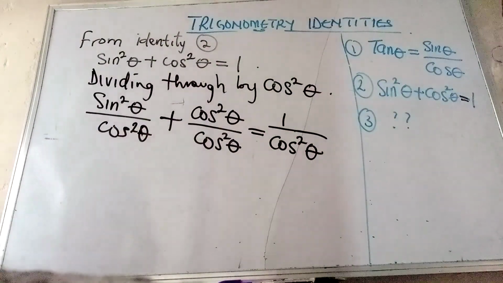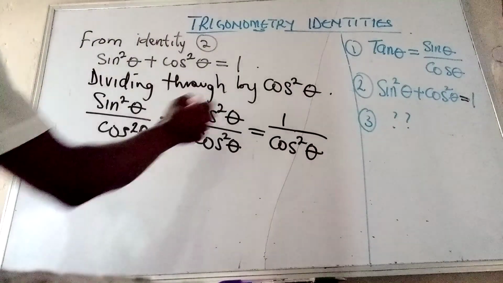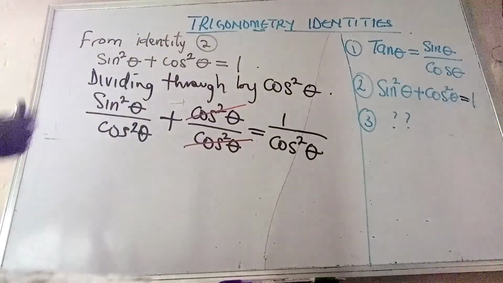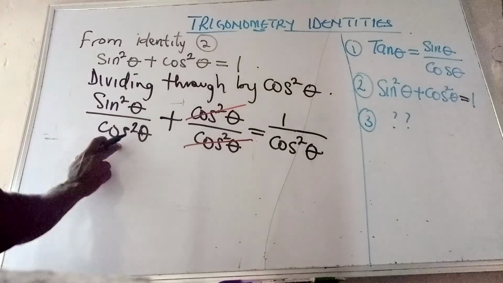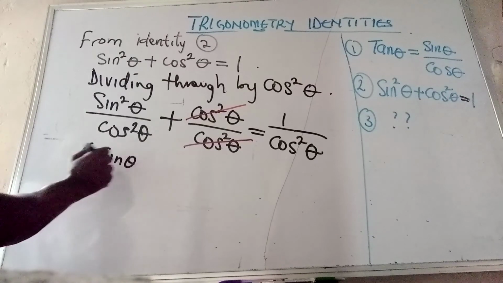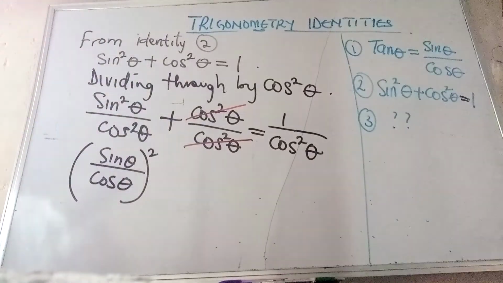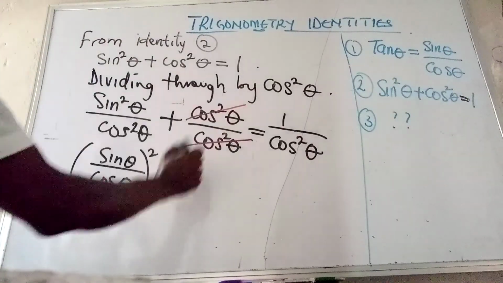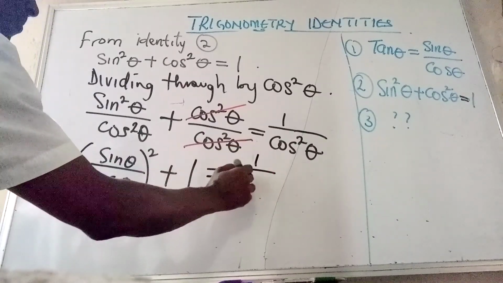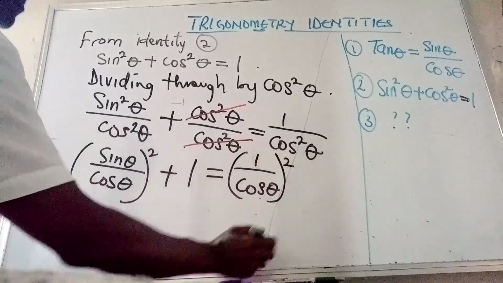So what happens next? It is obvious that this will cancel this. Now, I have sine square theta over cosine square theta, which is the same thing as sine theta over cosine theta all squared, plus this gives us 1 equals 1 over cosine theta all squared.